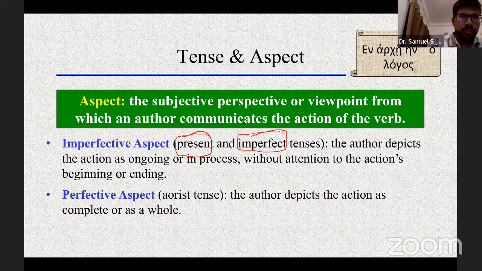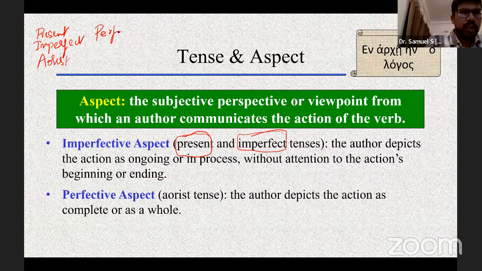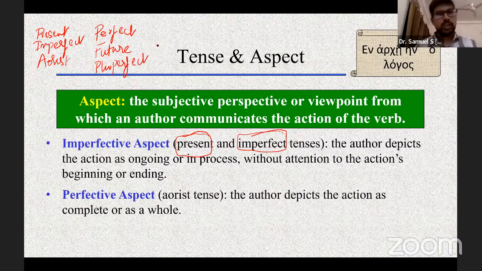Again, just for our reference, let's write down here the 6 tense forms. One is present tense form, imperfect tense form, aorist tense form, perfect tense form, future tense form, pluperfect tense form. 6 tense forms.